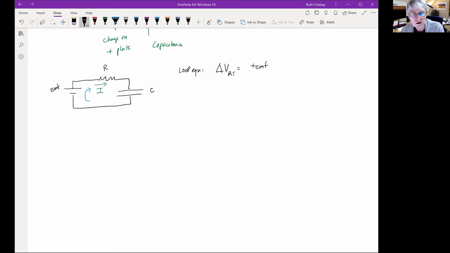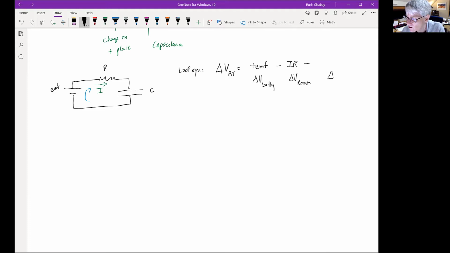Again, we're neglecting the connecting wires, because they're so thick that they have such a small field in them that they don't matter much. And we have the potential difference across the resistor. So this is the potential difference across the battery, and this is the potential difference across the resistor.